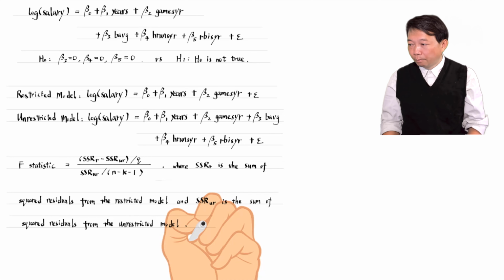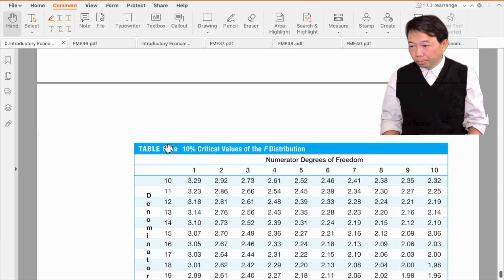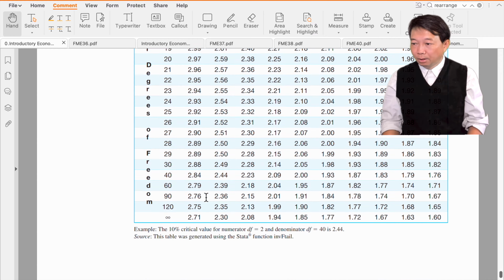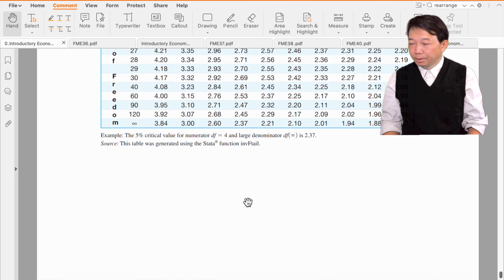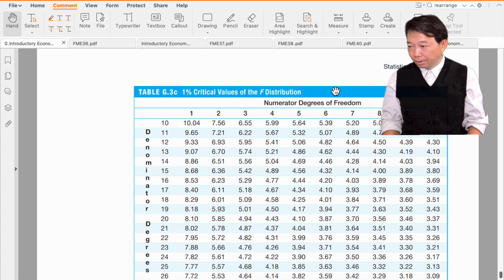Under the null hypothesis, the F statistic has an F distribution. We can read the critical values in statistical tables. The rejection rule is that if the F statistic is greater than the critical value, then we reject the null hypothesis in favor of the alternative hypothesis at the chosen significance level.